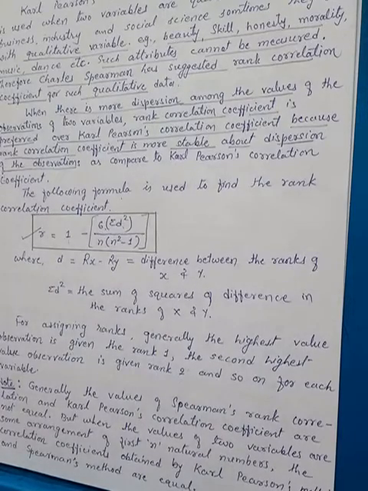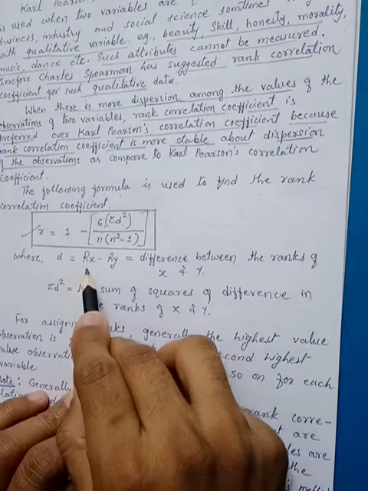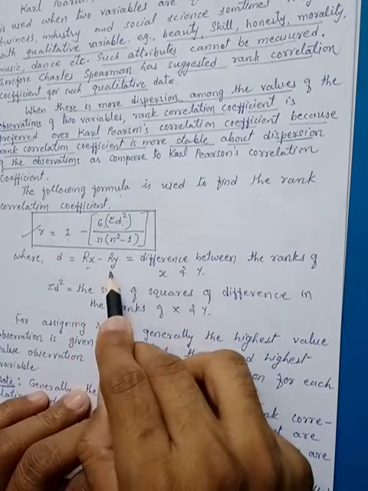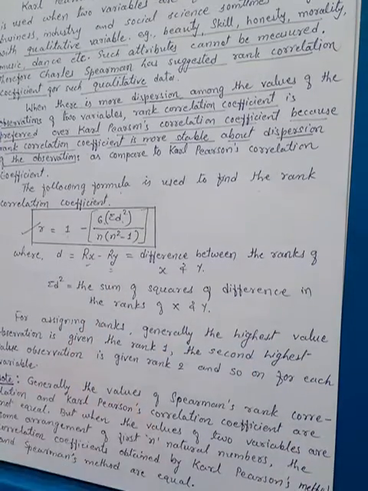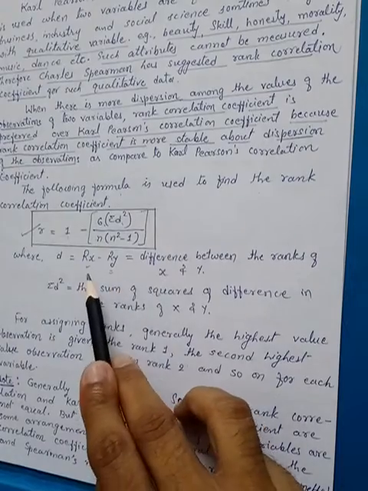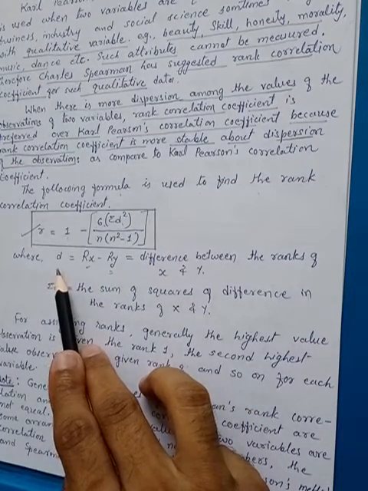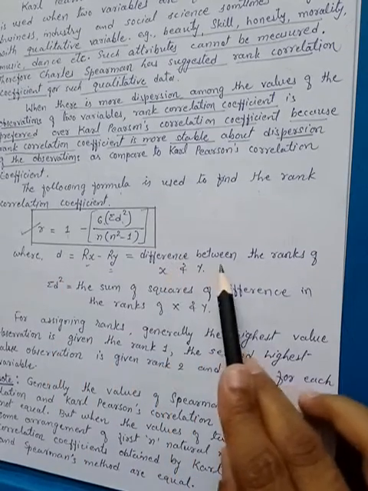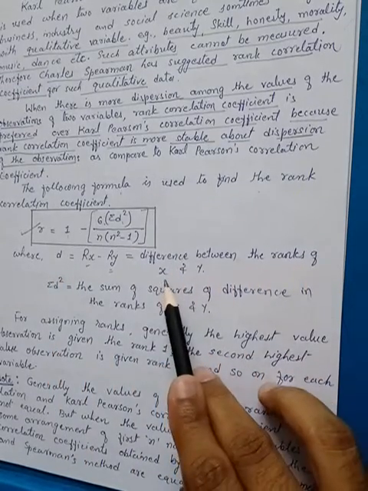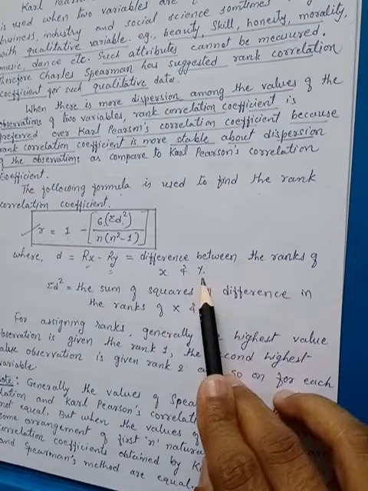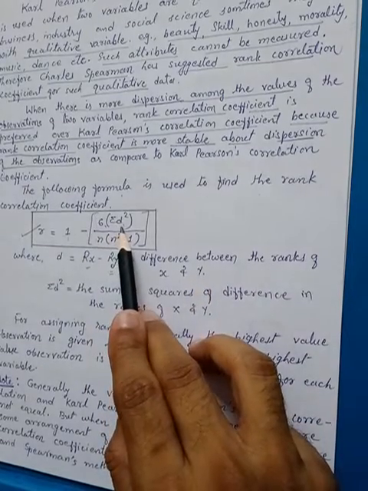Ranks to the observations of variable x are defined as rx, and ranks to the observations of variable y are defined as ry, and their difference rx minus ry is called the difference d. D is known as the difference between the ranks of x and y, and its square total we require over here.